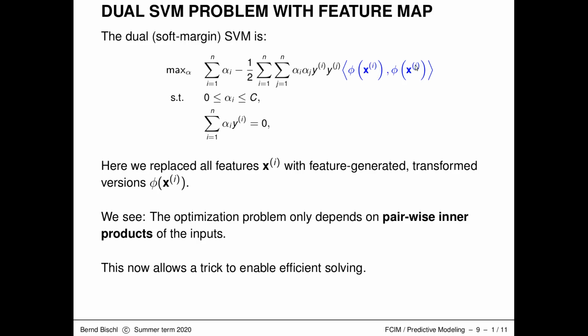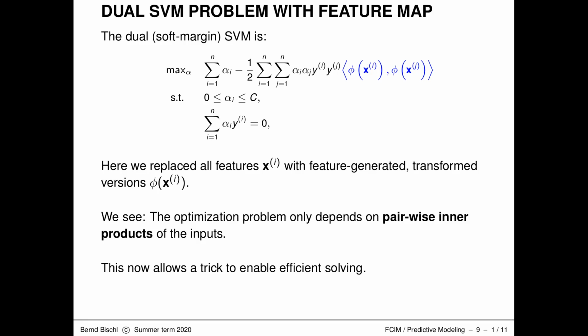I already discussed that if this mapping is quite high dimensional, for example, a polynomial mapping which creates all monomials of a certain order, and we know this very well from having interaction and higher order effects from regular regression, then this can very quickly become computationally difficult or nearly infeasible.